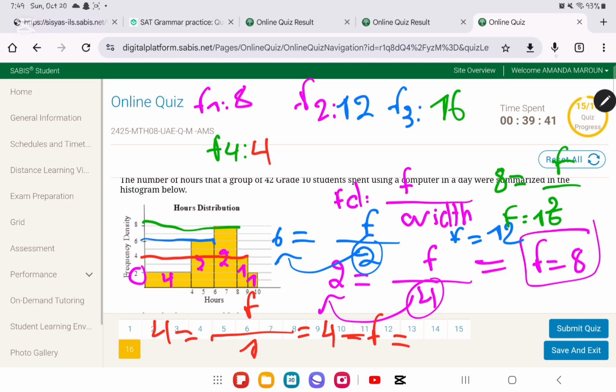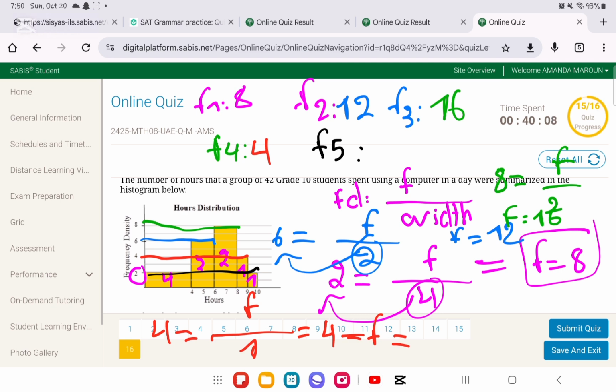Now finally, we are left with this one over here, which is the final frequency. We are gonna do the frequency density. Oh my goodness, I made a new word, the frequency distance. The frequency density. My bad. I apologize because I just woke up.